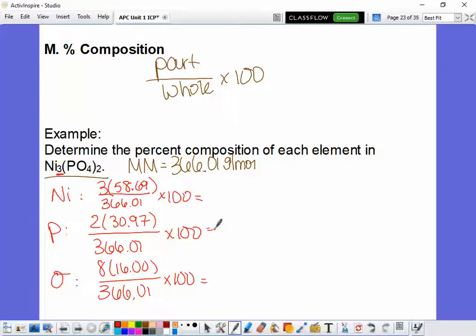So go ahead and calculate those percentages. And you can just go to 2 decimal places for your percentages. For percent composition, we don't really worry about sig figs that much.